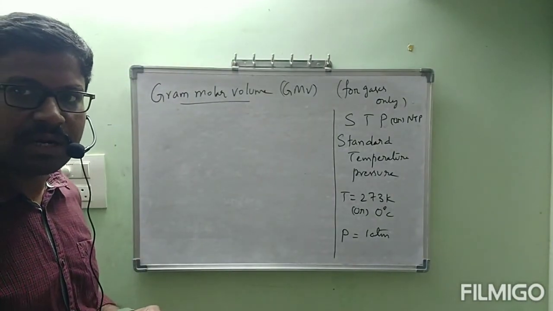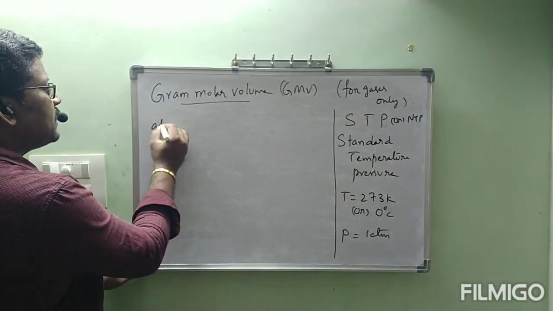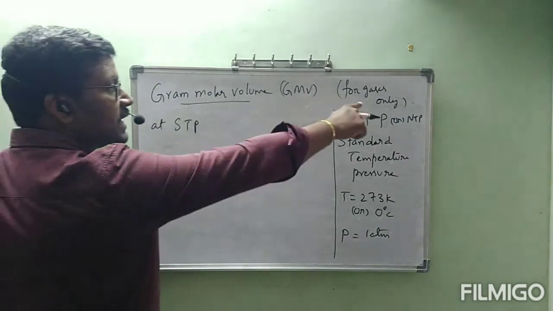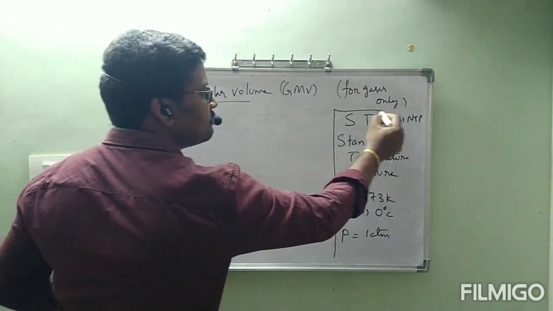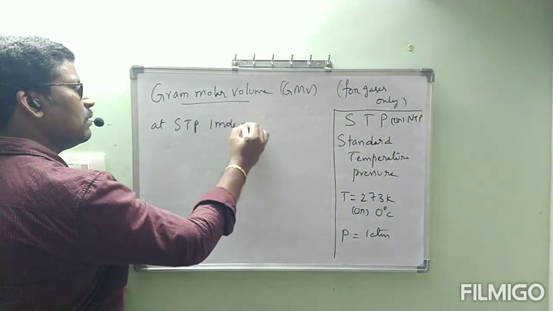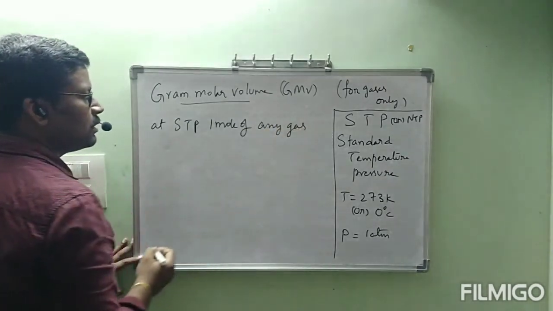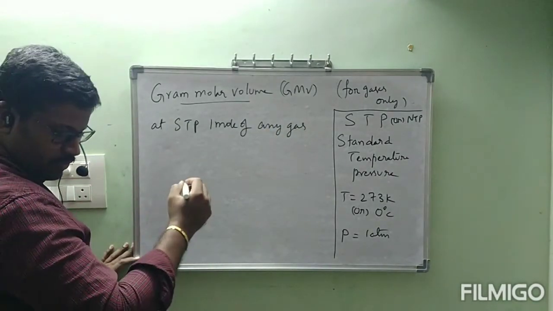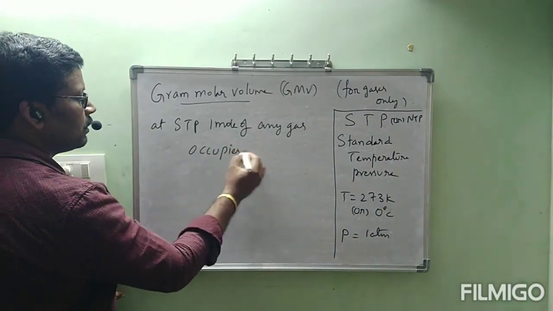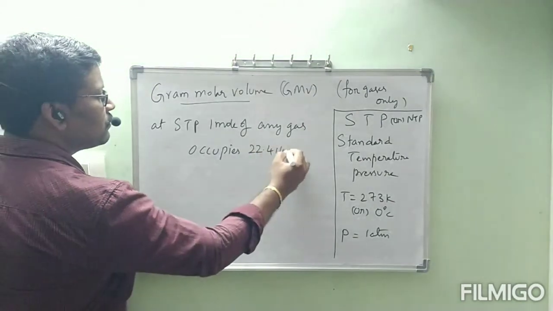Gram molar volume is shorthand represented as GMV, in which we immediately write at STP. This is exclusive for gases only. Already I wrote this is exclusive for gases only. At STP, 1 mole of any gas occupies 22.414 liters.